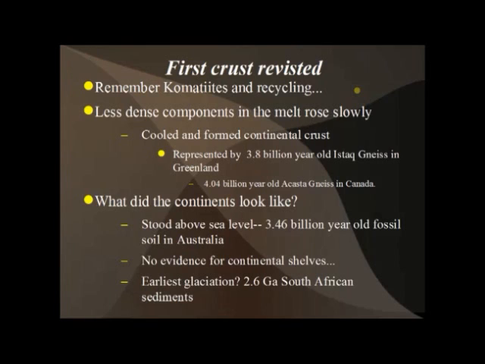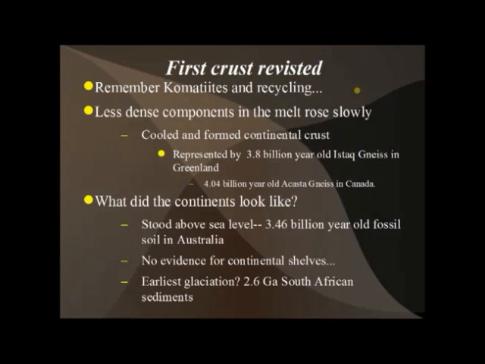And this recycling gets you that more felsic or granitoid type of magma that produces some granite-like rocks. This is represented by essentially that 3.8 billion year old Istag gneiss or the Acosta gneiss in Canada and in Greenland.